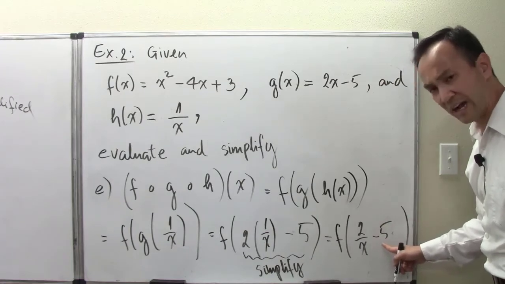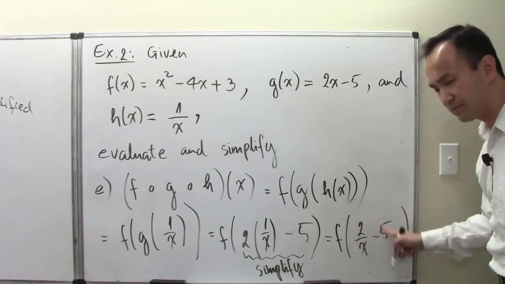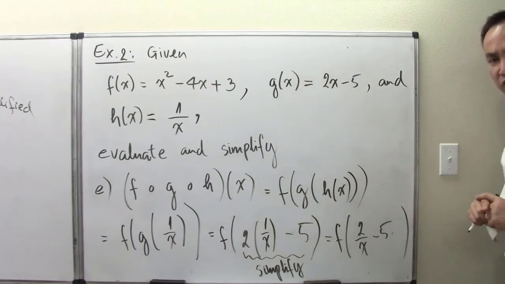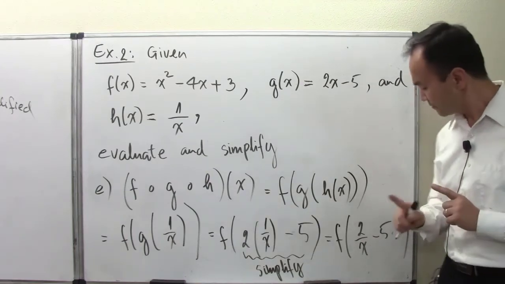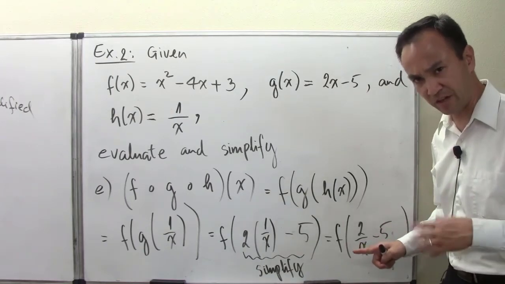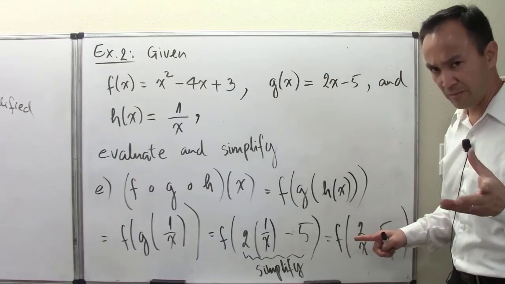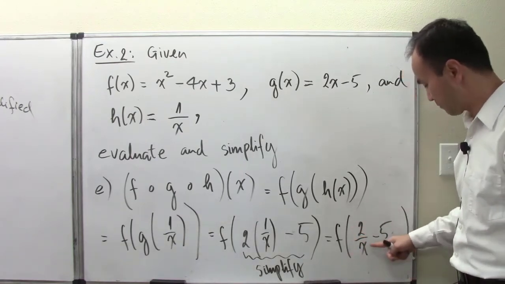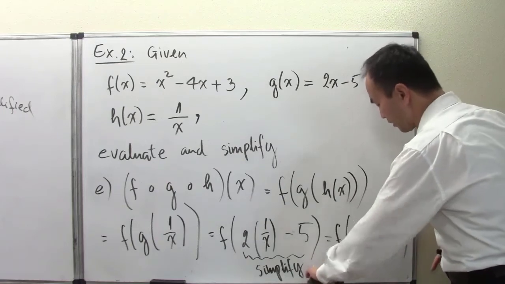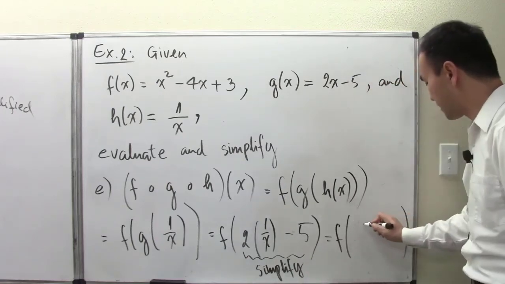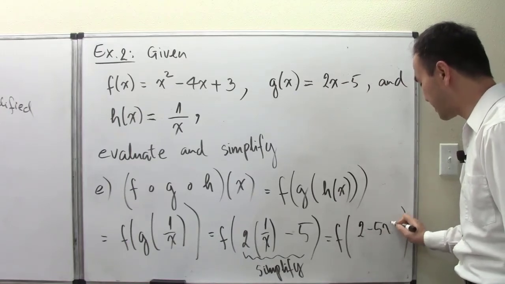But I would highly recommend combining those 2 terms together in one fraction, in one rational expression. So now I would find a common denominator, which is a skill that you should have learned and hopefully mastered by now from your previous course. With the common denominator, my overall expression is going to be 2 minus 5x over x.